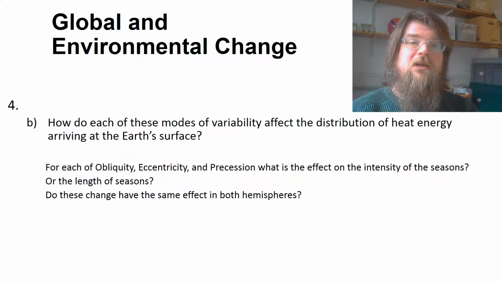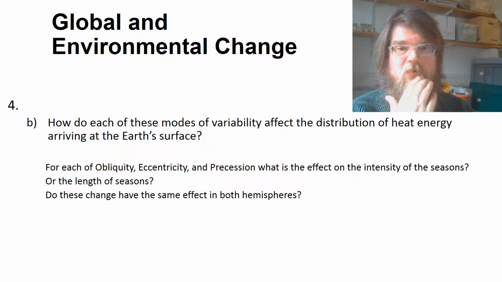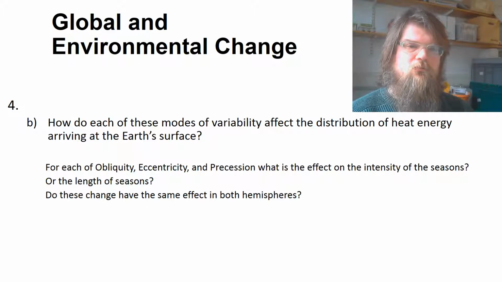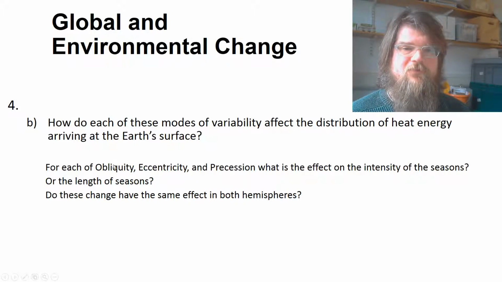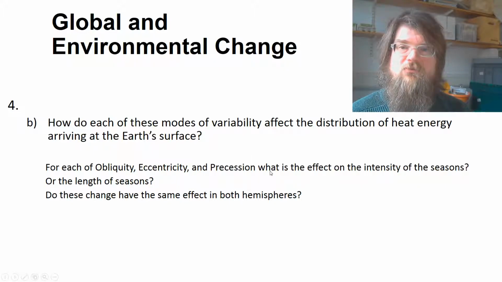So part B. Now we've described how the orbit of the Earth varies around the Sun. We could now look at part B, which is how does that affect the energy arriving at the Earth. So we could go through each of the different things: tilt, obliquity, eccentricity. So this is the circularness or the non-circularness of the orbit. Precession, the way it points.